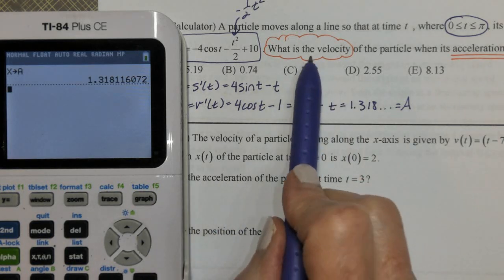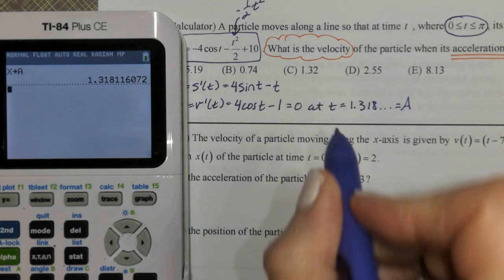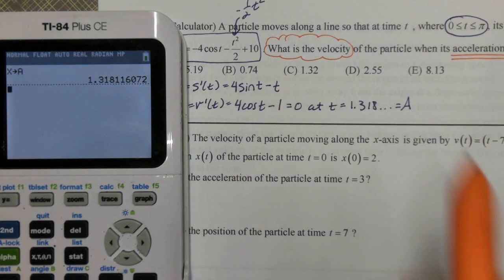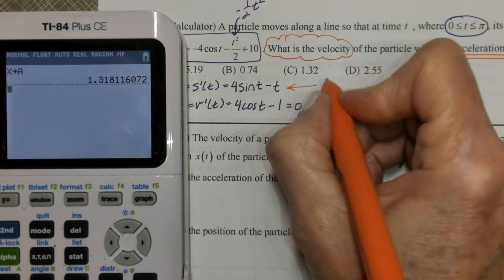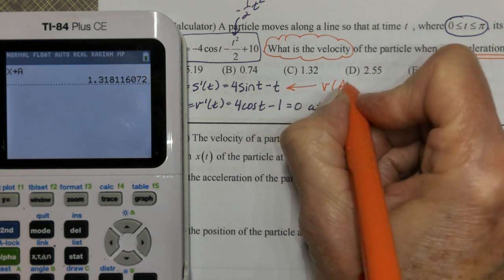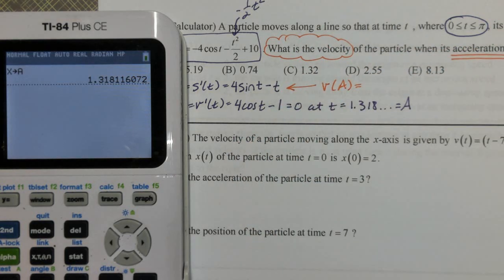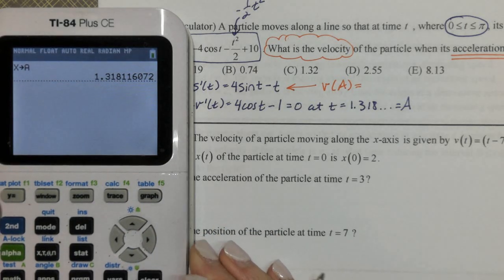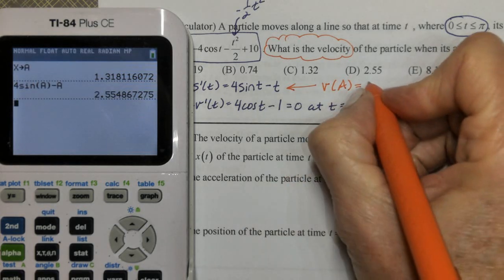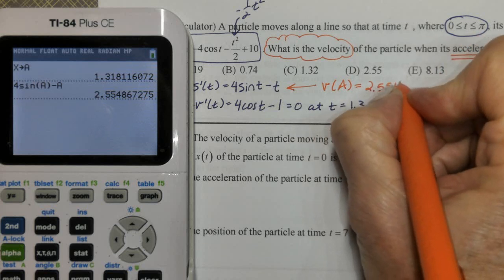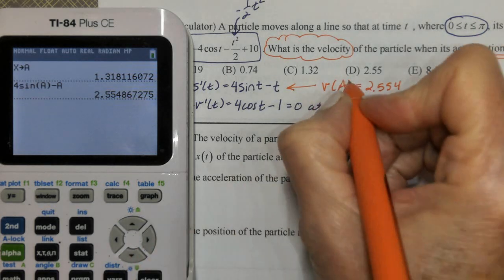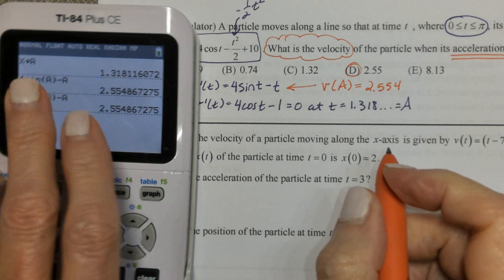And now we were asked to find the velocity there, so I'm going to go to my velocity equation and put in a for t. So I'm going to type in 4 sine of a minus a and I get that. So my answer is D.